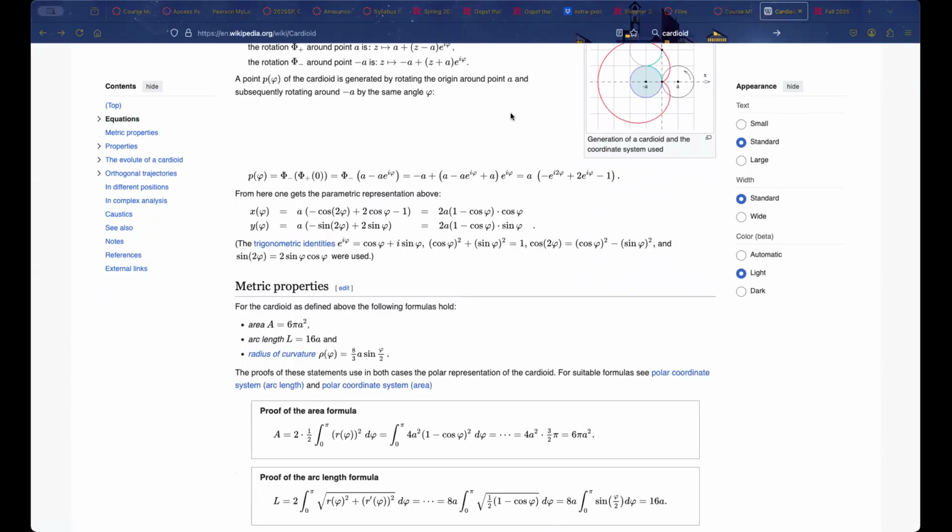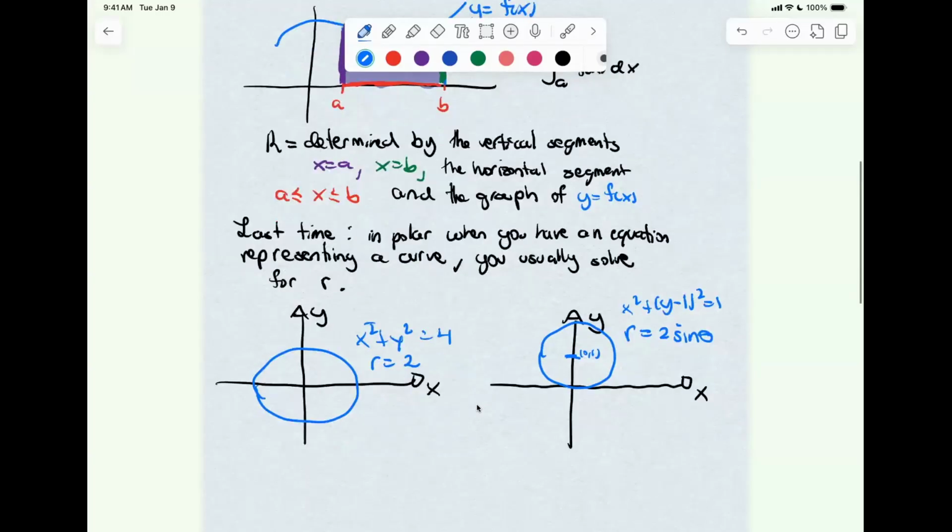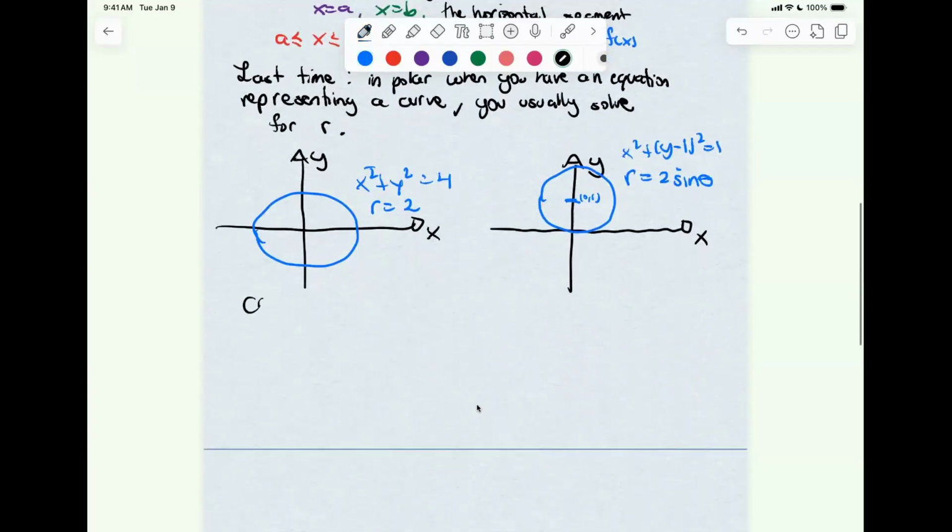my only point for doing this is to show you there are other interesting curves, and this one has a very cute way of writing it in polar. So if you have something like the cardioid, I'll use this one, which has this shape.